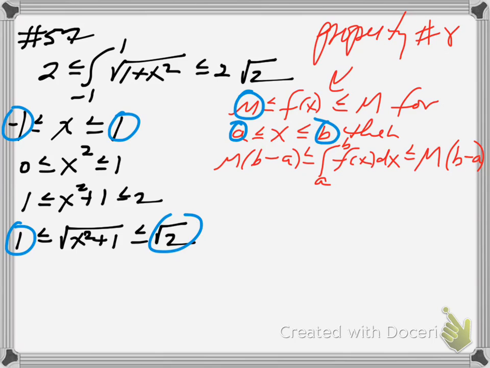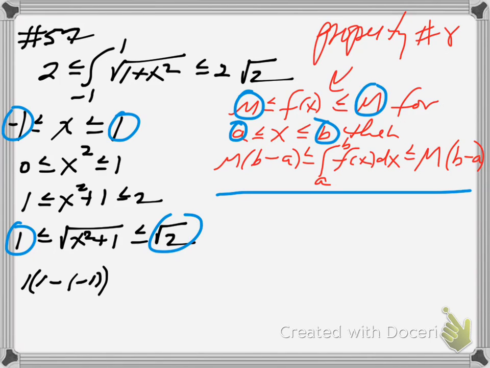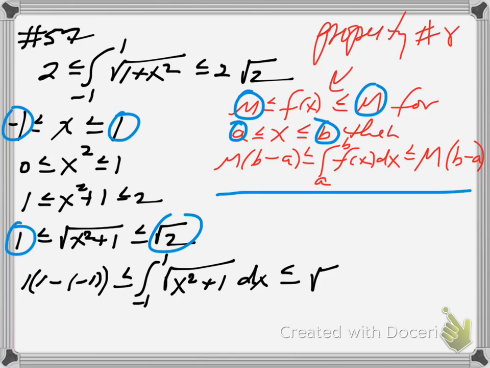That's my lowercase m and my uppercase M. Given all of these conditions, I can then conclude, using this inequality here, lowercase m, which is 1, times b minus a, is less than or equal to the integral from -1 to 1 of the square root of x squared plus 1 dx, which is less than or equal to uppercase M, which we just said is the square root of 2, times b minus a.